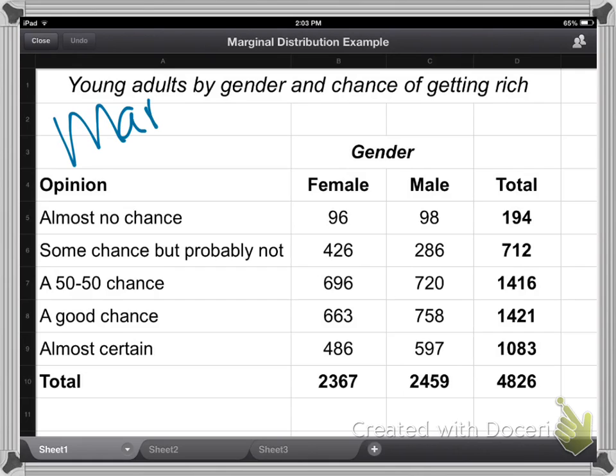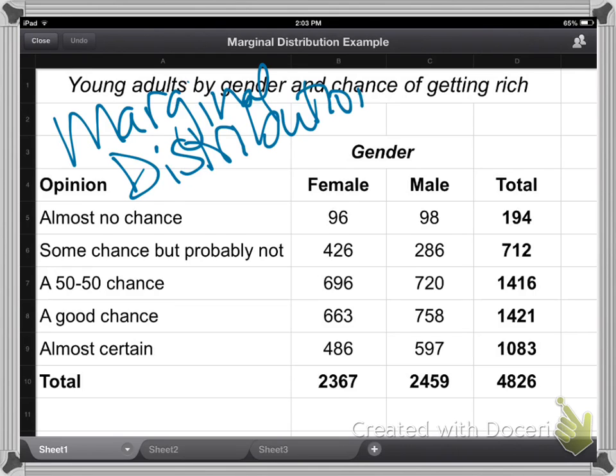So our next topic, marginal distributions. And a marginal distribution simply gives you the distribution by count for your various categories. So for instance, here we have the marginal distribution of all the female respondents. We can see exactly what their counts were for each of the possible opinions.